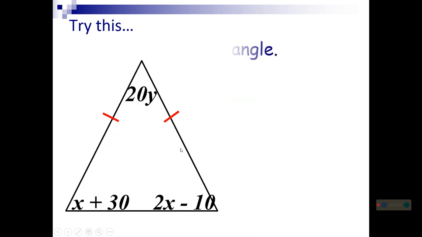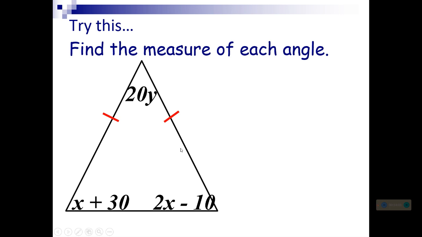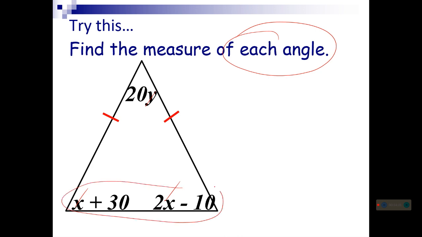Okay, so let's proceed with this one. How are you going to find the measure of each angle? I have put here some tricks, wherein you are going to find the two variables, the x and the y. So for you to find the measure of each angle, we have to take note of these two given.